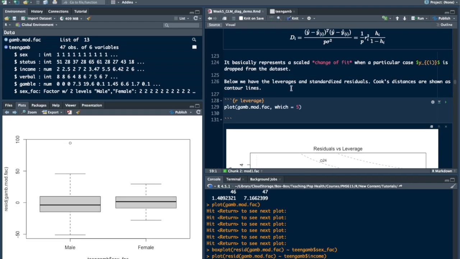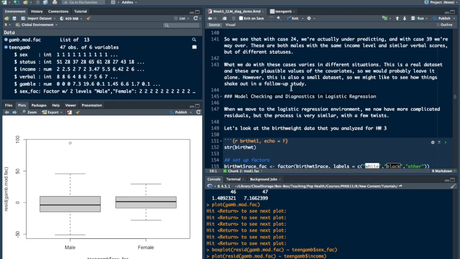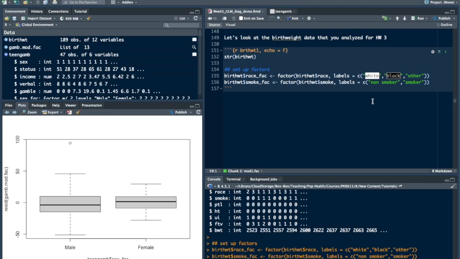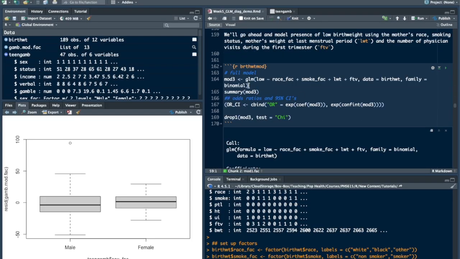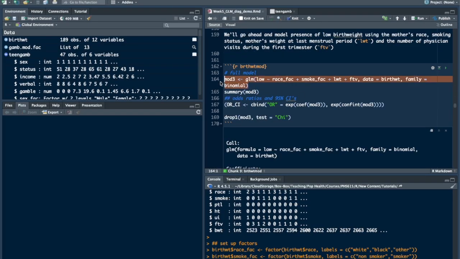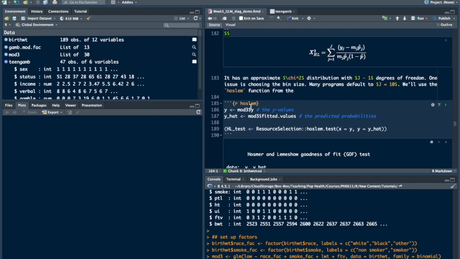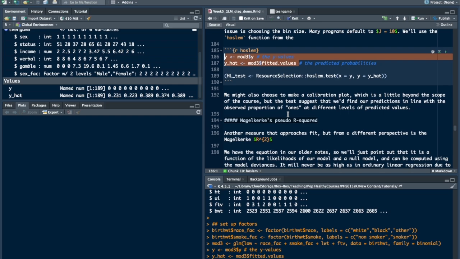First of all, I need to fit my model. I'll just fit the model because we already saw the rest of the summary. Okie dokie. The first thing we're going to do is make two new vectors, y and y hat.